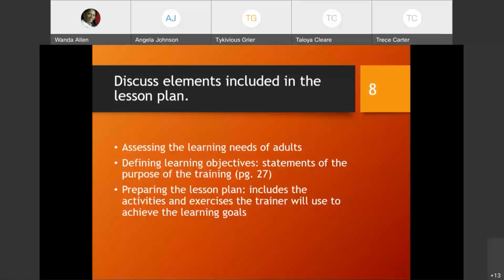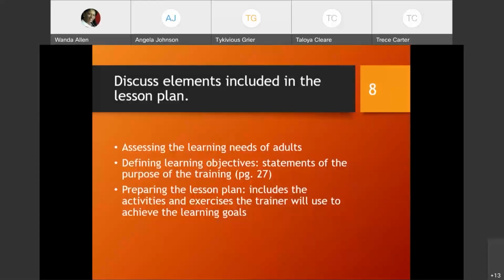In addition, you want to define your learning objectives. If you turn with me to page 27 of your training manual, it talks about the different types of objectives that you can utilize. The different types of objectives include cognitive objectives, affective-based objectives, or skills-based objectives.